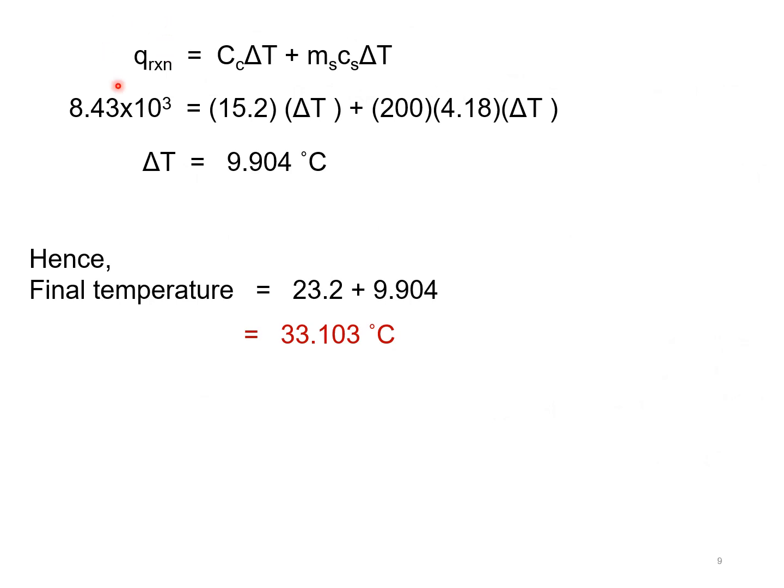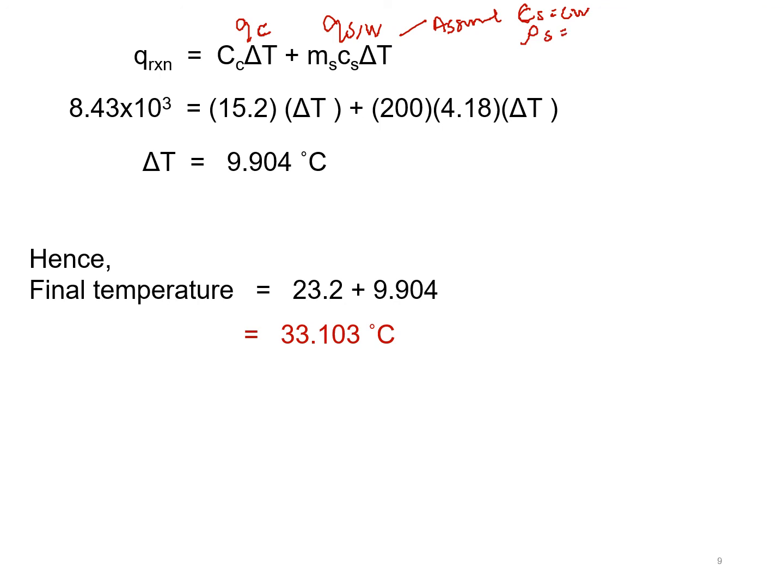After that, once you have the heat released by the reaction, you relate that it is equal to the heat absorbed by the surroundings. In this case, the surroundings are Qc and also Qs or Q water. As usual, you must assume that the specific heat capacity of the solution is equal to the specific heat capacity of water.